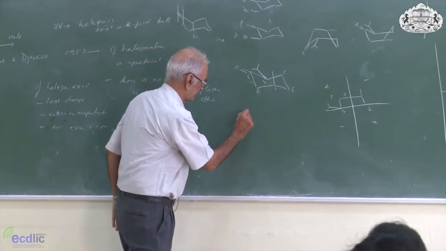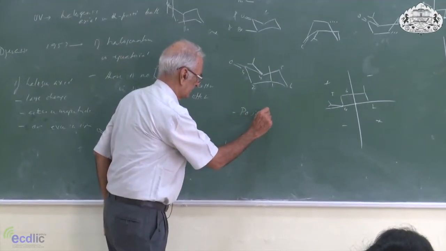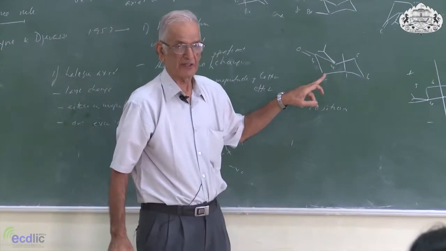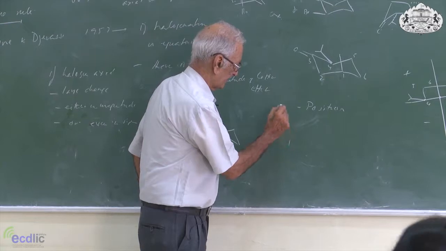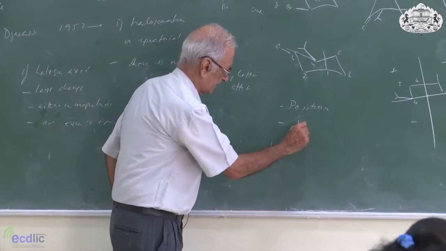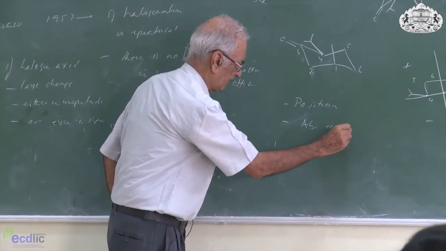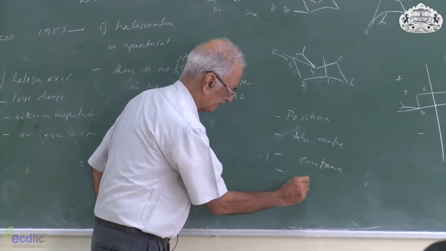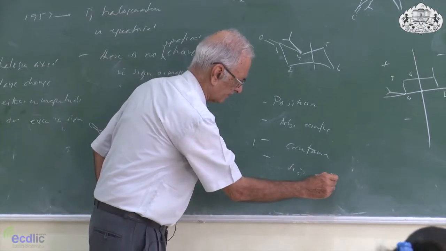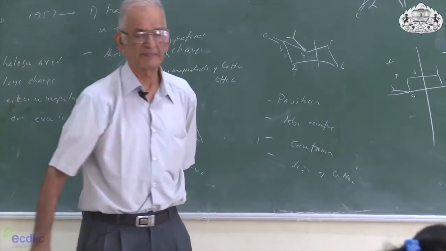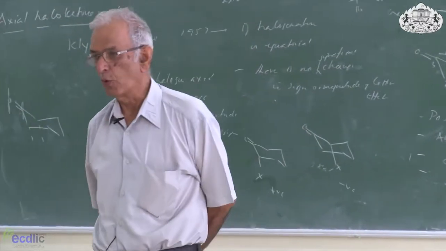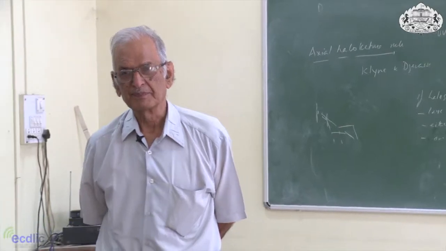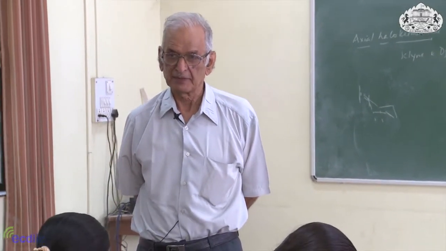The position, whether the halogen has gone this side or this side; the absolute configuration; the conformation; the sign of the Cotton effect. Now there are 4 unknowns, and if I know 3 of them, I can predict the fourth.